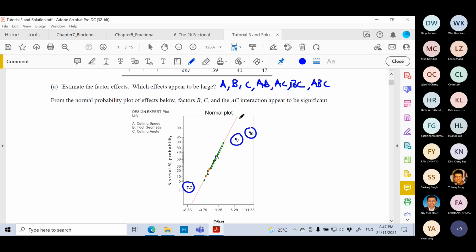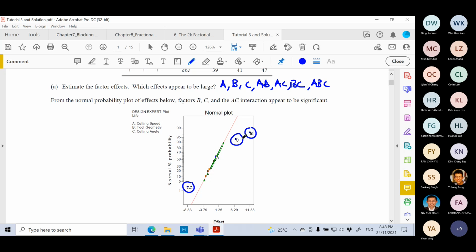In the exam, I will never ask you to draw the normal probability plot, unless you do the assignment, then you can use software to draw it. But in class, I will not ask you. I will provide you the normal probability plot, then from there you will just identify.